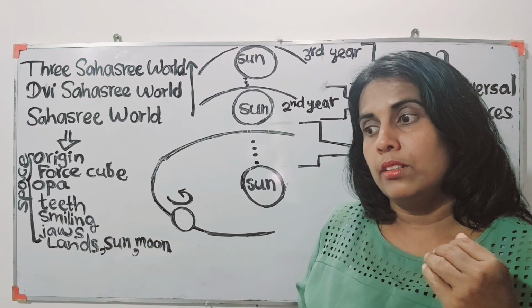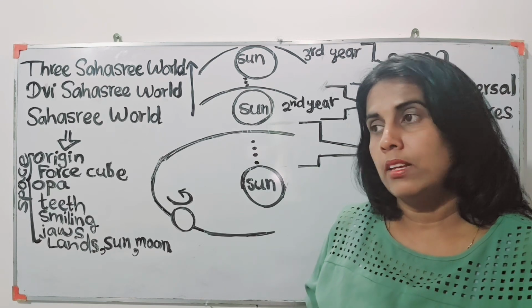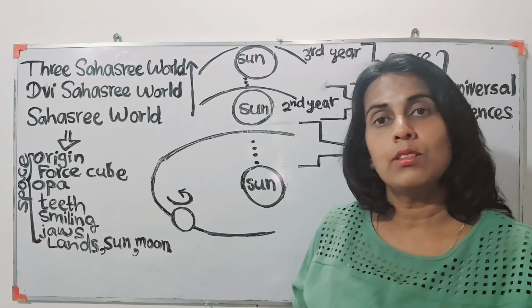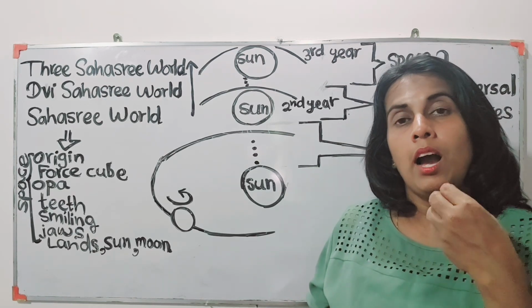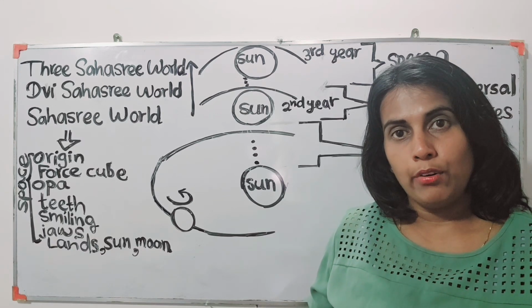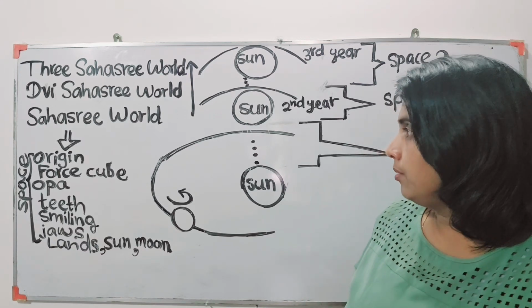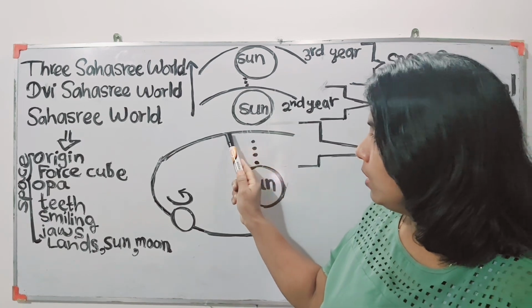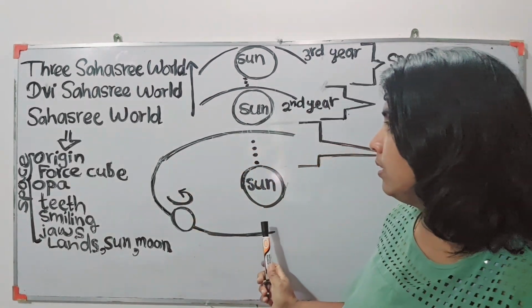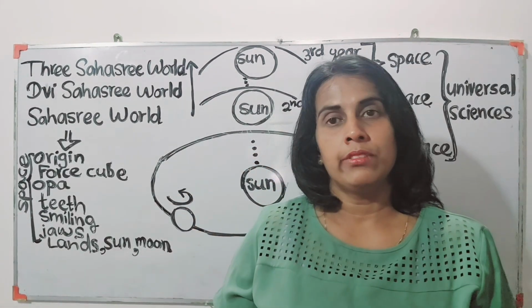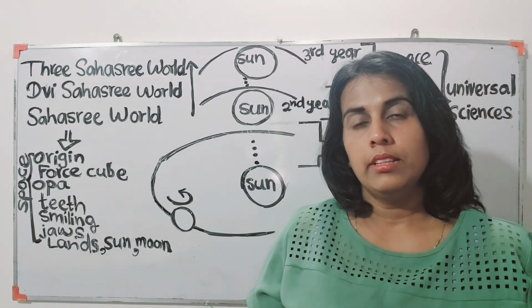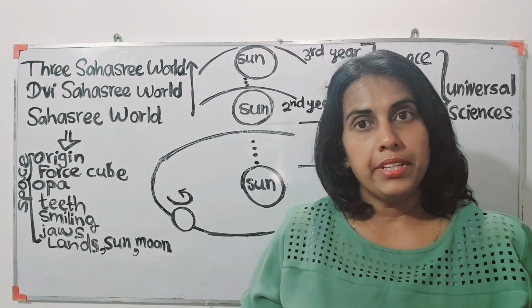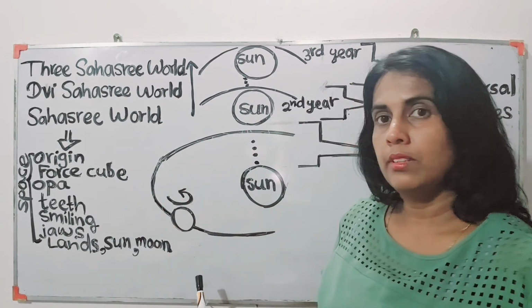And what are universal sciences? From universal sciences only our physical body is made. Then when the human brain rotates the earth, our physical body is affected by the rotation.